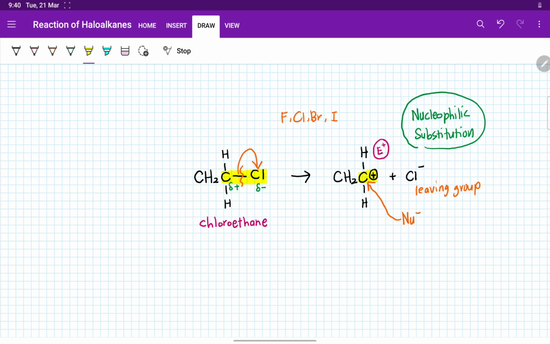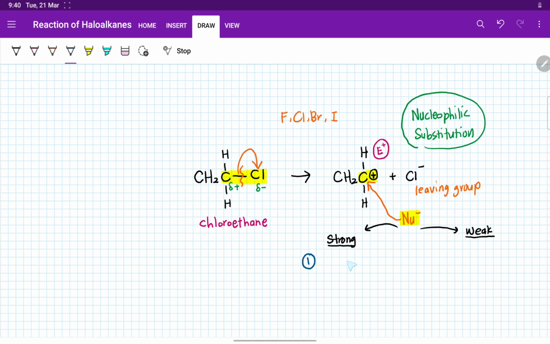Now, we're going to discuss about the nucleophile. So, as for our nucleophile, we have two types of nucleophile. So, yang pertama, kita ada dekat sini, kita punya strong nucleophile. And then, kita ada yang kedua, kita punya weak nucleophile. Okay, so for our strong nucleophile, dia akan datang first, okay.